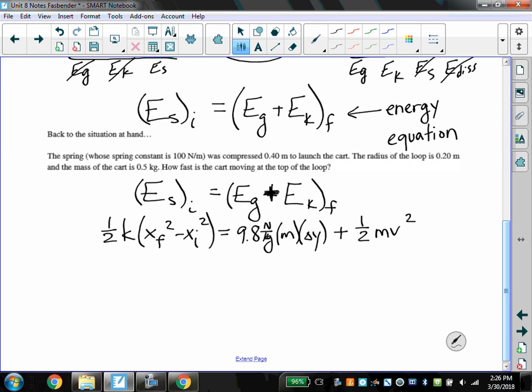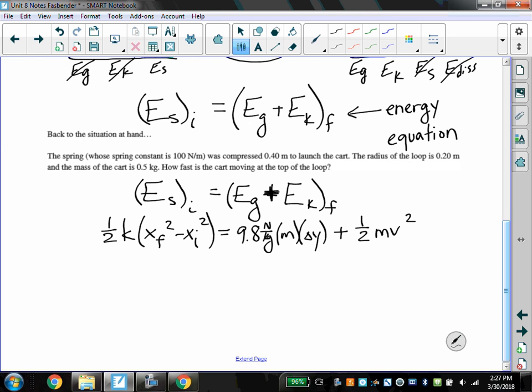So this is where those equations for all those different energies are going to come into play. I will very rarely ask you to individually calculate an energy for me. It's much more common that you're going to be looking at a situation and have to use conservation of energy to answer a question. And you'll use those individual energy equations within your conservation of energy.